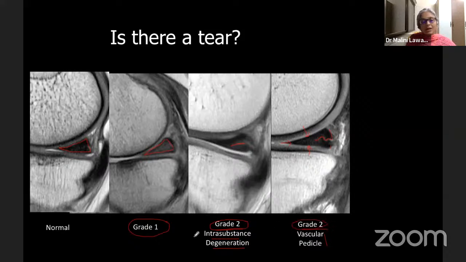There's nothing called a grade 1 tear or grade 2 tear. It is grade 1 signal, which is nothing but intrasubstance degeneration, or it is grade 2 signal, linear bright signal not reaching the articular surface, which is not a tear. It could be due to intrasubstance degeneration, or it could be seen due to a prominent vascular pedicle.